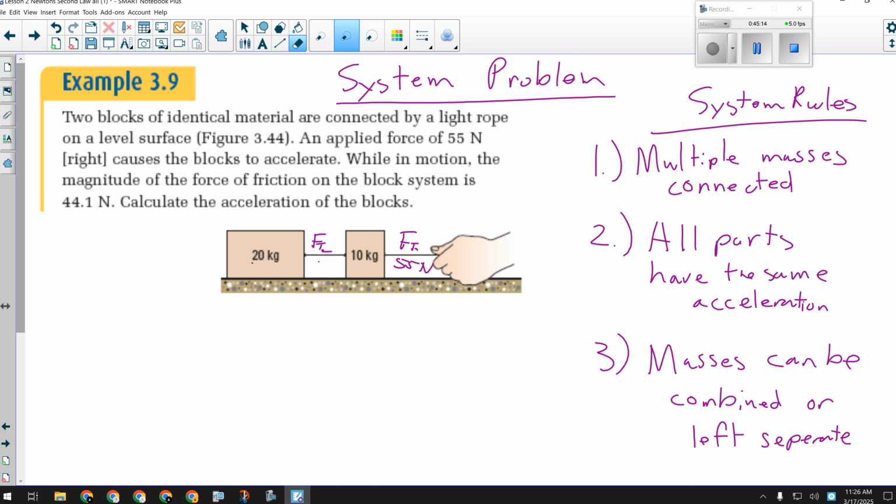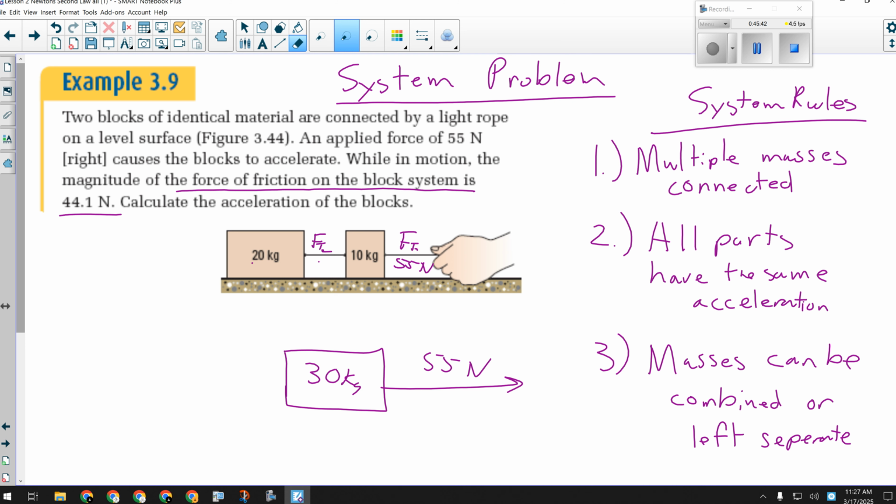So I could simplify this because of what they tell me in the next sentence. They tell me that the force of friction on the block system, that is the whole combined 30 kilogram mass, is 44.1 newtons. So really, what the question is telling me is that 30 kilograms worth of mass is being pulled this way by 55 newtons worth of force, and resisted by 44.1 newtons of force.